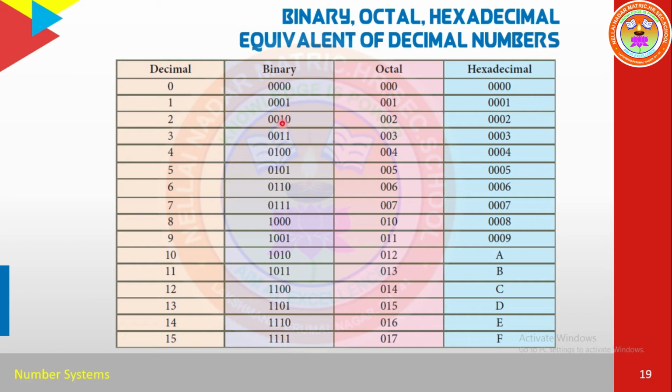Here 2 is present in the second position and 1 is present in the first position, so that's why we put 1 in both. Understood? So for decimal value 3 you have to write the binary as 0, 0, 1, 1. And octal is 3, and the next one is 4.